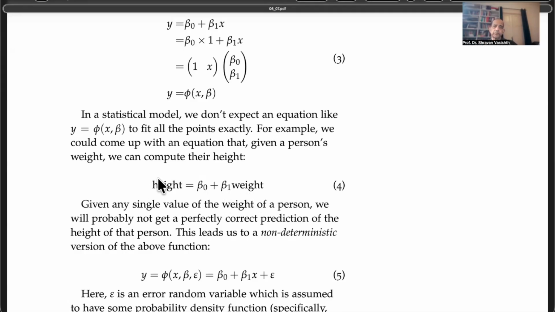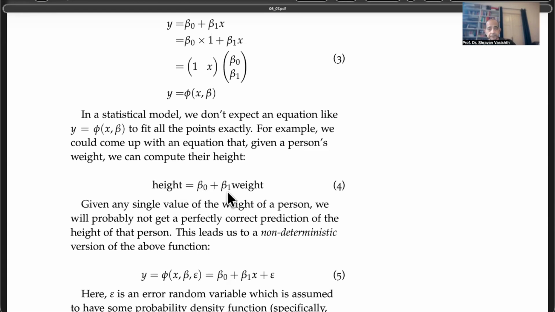So an example would be, if I'm trying to predict height from weight, I could collect some data from a sample of people and then try to estimate those two parameters, which I'll talk about in a moment. I estimate those two parameters somehow, and now I've got a linear model that predicts height from weight, right?